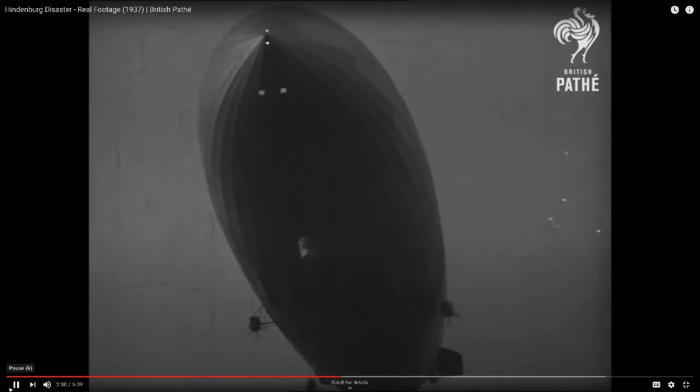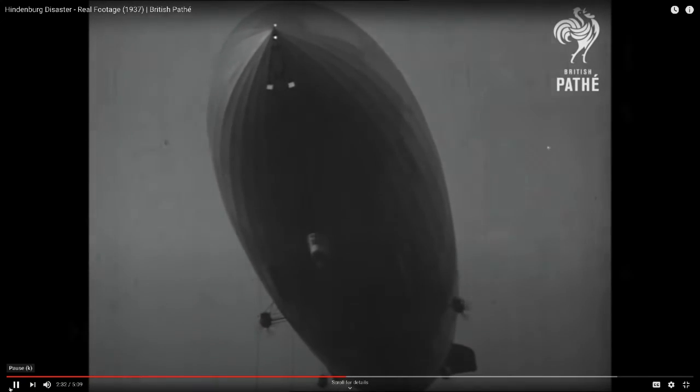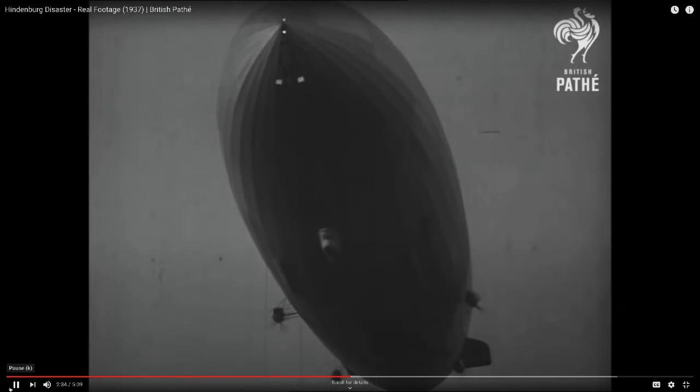These scenes were filmed by Pathé News cameraman William Deek, and you're about to see the pictures he got when the ship exploded. Those aboard leaping for life from a flaming inferno. The actual crash of the Hindenburg, an airship destroyed in less than half a minute.